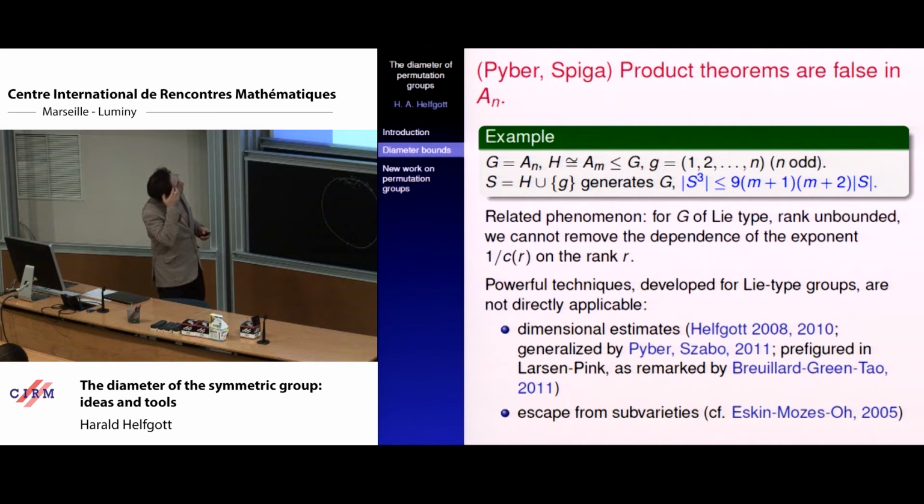And there's also the problem, so it's not just that the goal, unmodified, this intermediate goal would be false, but that many of the techniques that were developed, it's completely unclear how anything like them could work in a symmetric group.